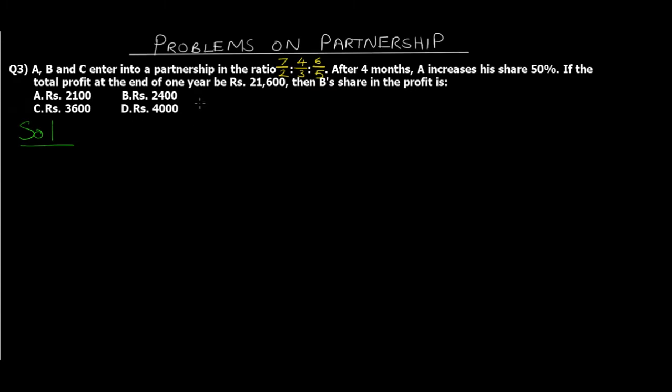So let's first write down the ratio of initial investment, which is equal to 7/2 is to 4/3 is to 6/5. What we can do is multiply it by 30, which is the least common multiple, so we can convert these fractions into whole numbers, which would be easy to deal with in calculation.